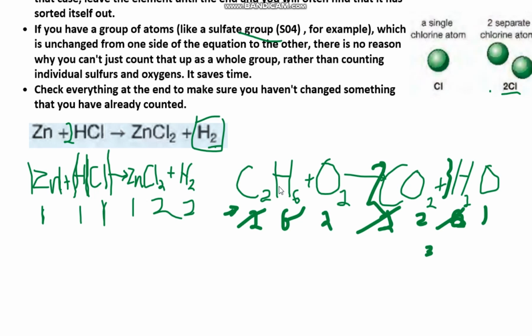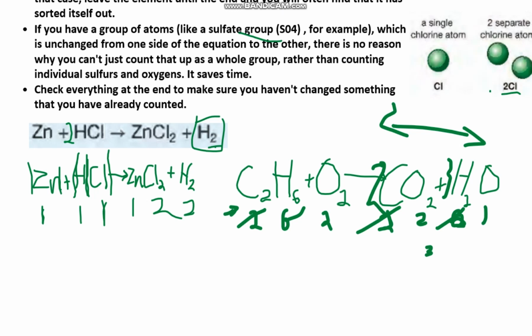Alright, so for this, finally the oxygens, there are 7 oxygens on the right hand side, but the problem is that the oxygen have to go around in pairs. So how can you obtain an odd number 7 of oxygen on the left hand side?